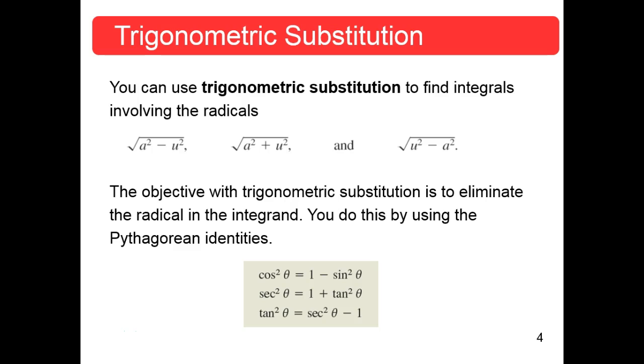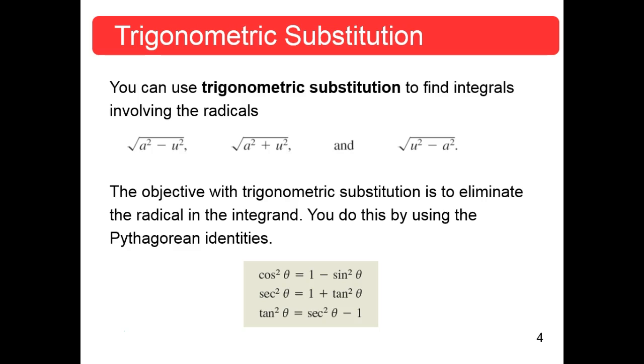And here's what we're going to be looking at. Anytime you have a radical such as this, the square root of a squared minus u squared, the square root of a squared plus u squared, or square root of u squared minus a squared.